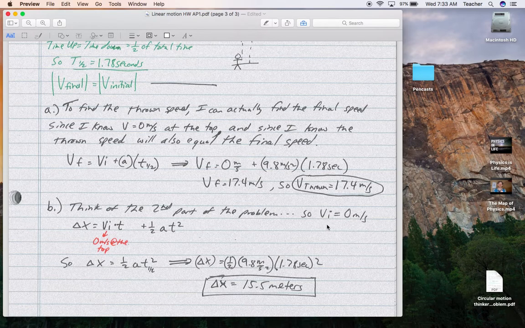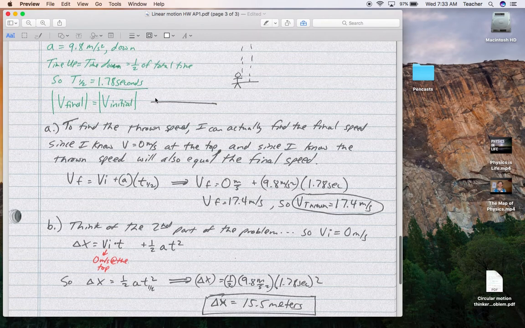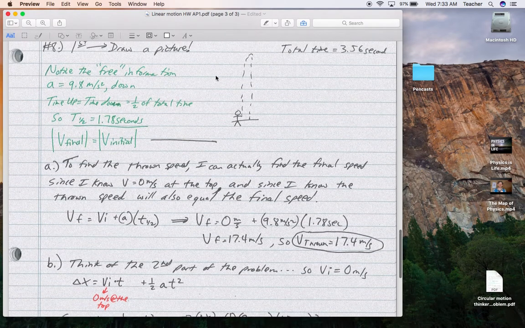This is thinking about the second part of the problem, and it's asking about the maximum height. So I could think about the first part of the trip or the second part of the trip with this, but the ball reaches its maximum height at t one-half, at 1.78 seconds. It does not reach its maximum height after 3.56 seconds because it's actually falling back down to the same height where you threw it.